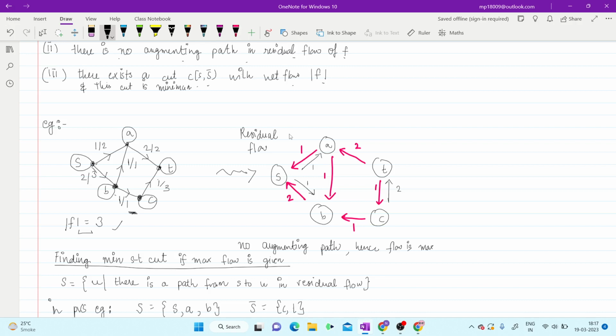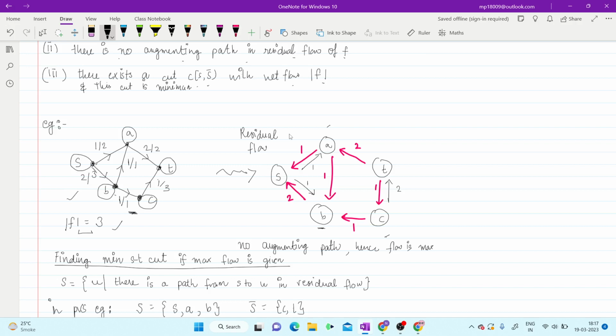The pink edges are the edges in the backward direction. You can see that this residual flow diagram has no augmenting path. Can you find an augmenting path in this residual flow diagram?